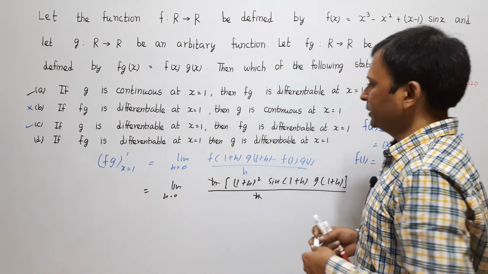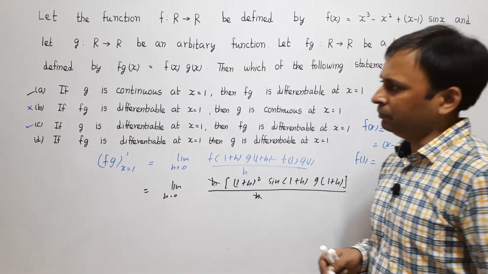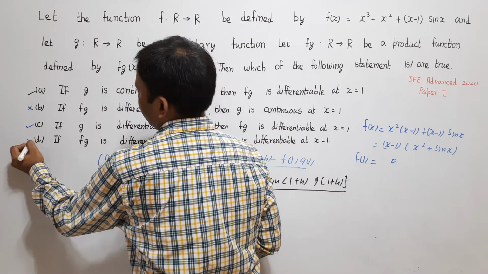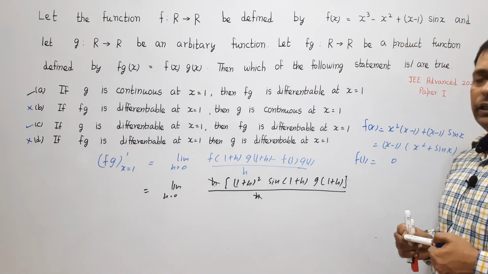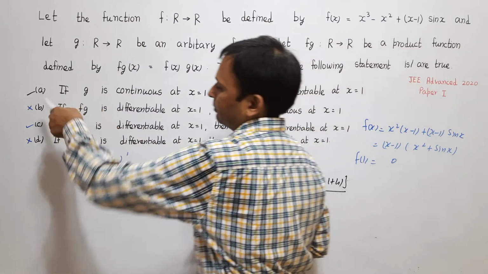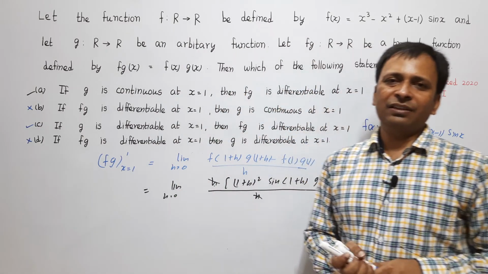By the same logic, if the function need not be continuous, how can it be differentiable? So it may not be differentiable. So option D will also be a wrong answer apart from option B. B and D are wrong. The correct answers are option A and option C. So this way we can easily solve this problem.